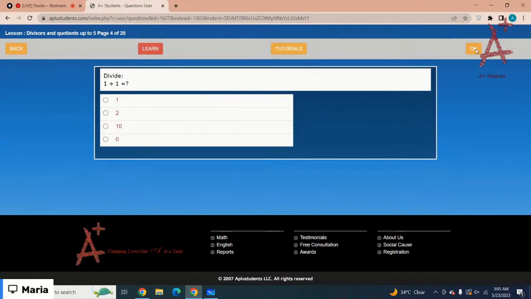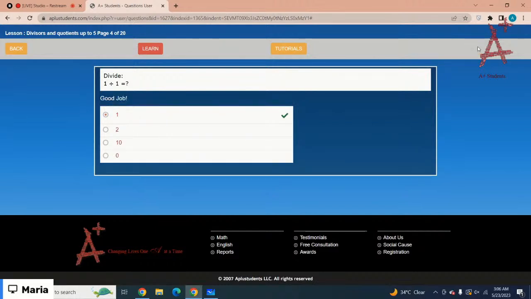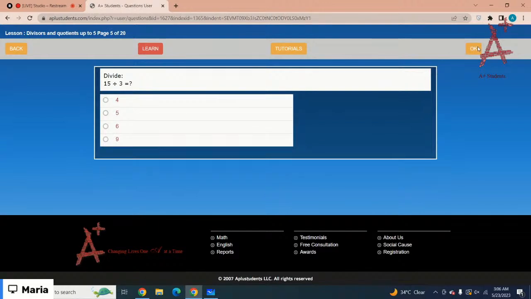Okay, 1 divided by 1. Which is the correct option? Yes, 1 divided by 1 equals 1. So the correct option is 1. The next one is 15 divided by 3. You have to count the table of 3 until 15.